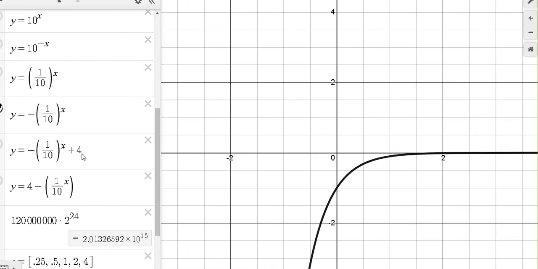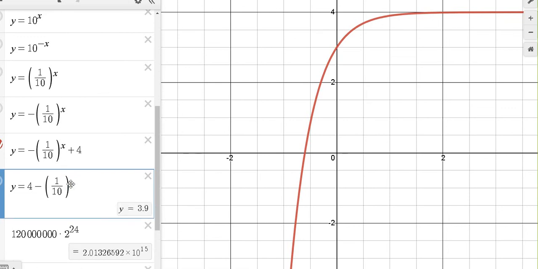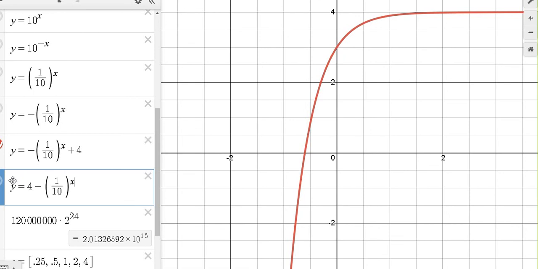What if I add 4 to that expression? And go up by 4. Should shift up by 4. Bingo. On a roll. And if I just rewrite it as 4 minus this, actually, that x should be on the outside here, raised to the x, then this graph should be the same. There it is. So it's the same, these last two.